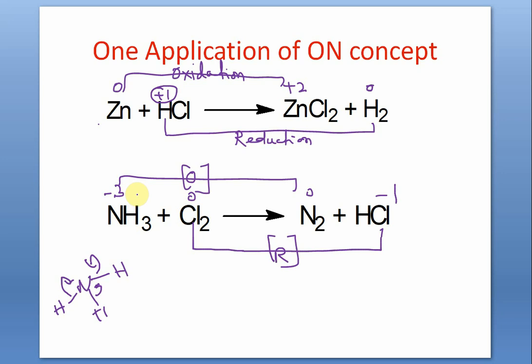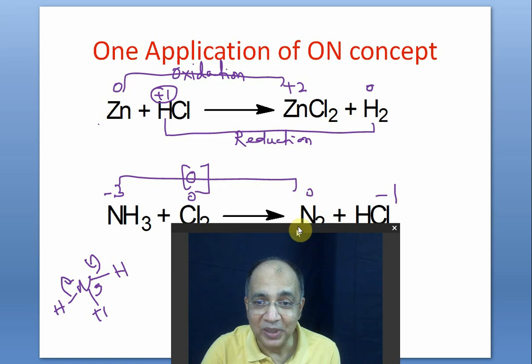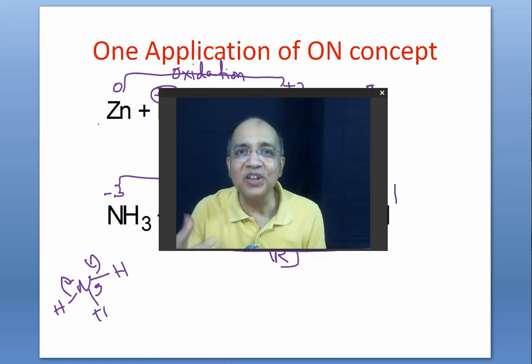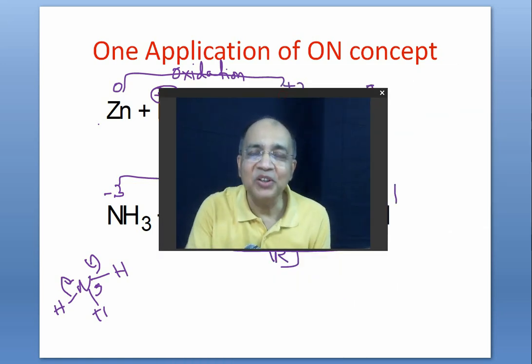So this gain and loss might not be completely transferred. It may be partially transferred, but if we understand the reaction in the light of change in oxidation number, even if it is a fake charge, then also our judgment and prediction will work.